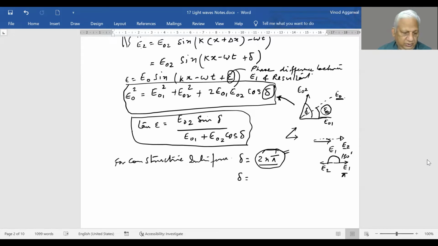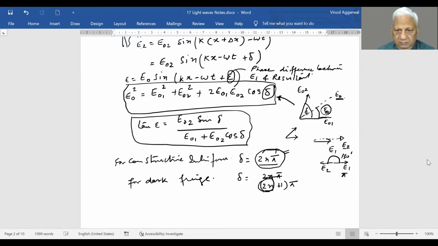So for generality, we take 2n, which gives you a complete cycle, so it will not create any phase difference.